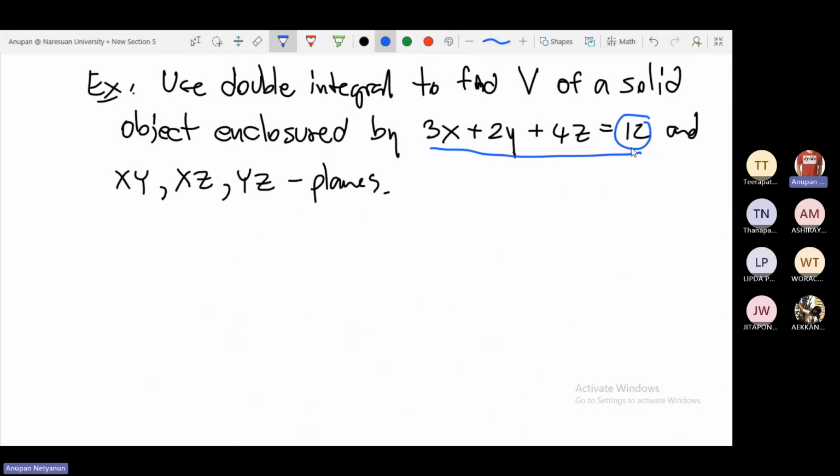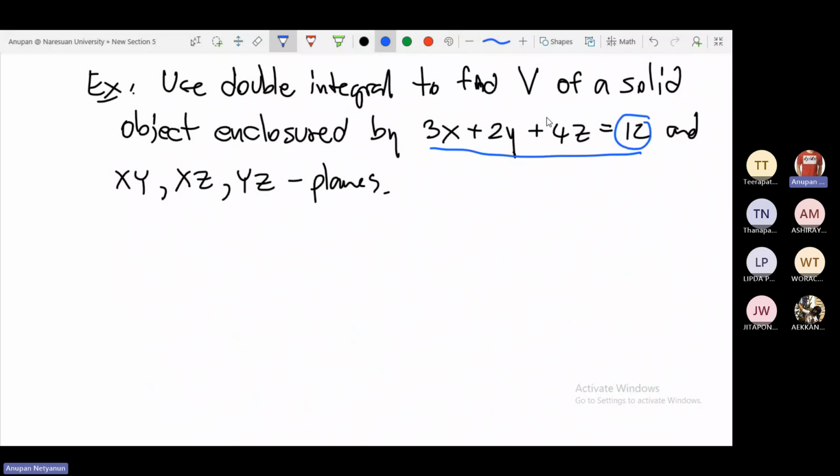If it's passing through the origin, this number has to be 0. Okay. And since this plane doesn't pass through the origin, the way to plot it is you find the intersection of this plane to the 3 axes, okay, and form the triangle.